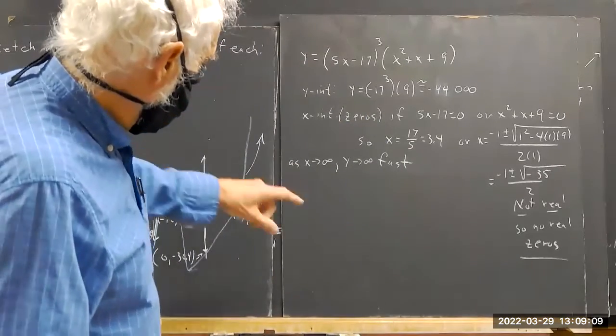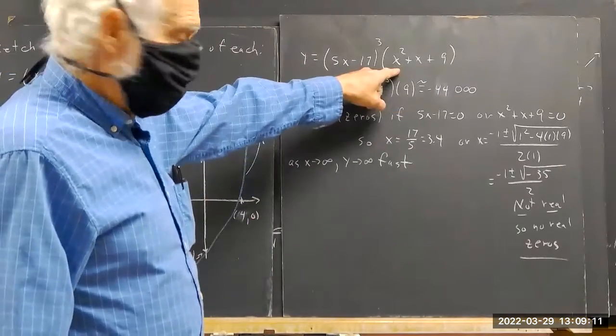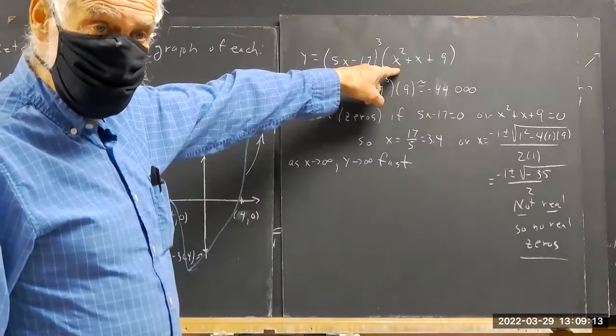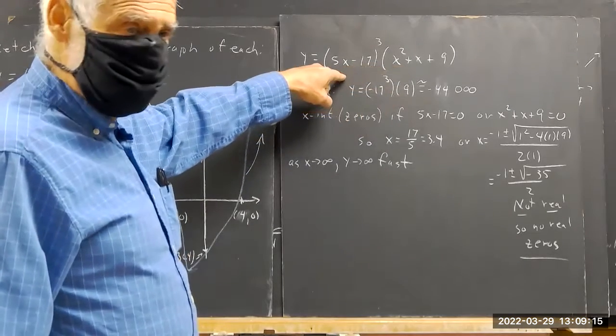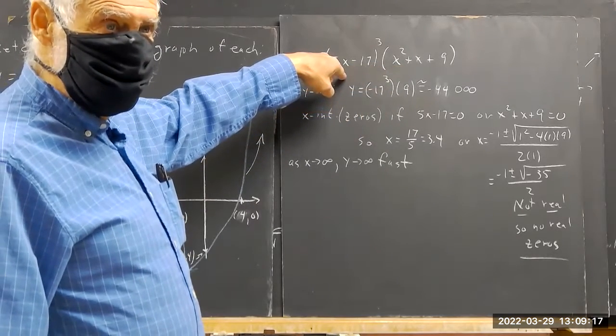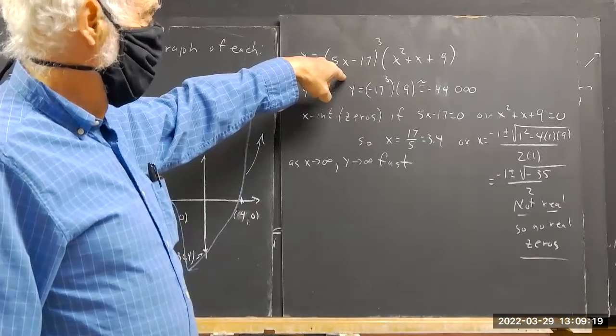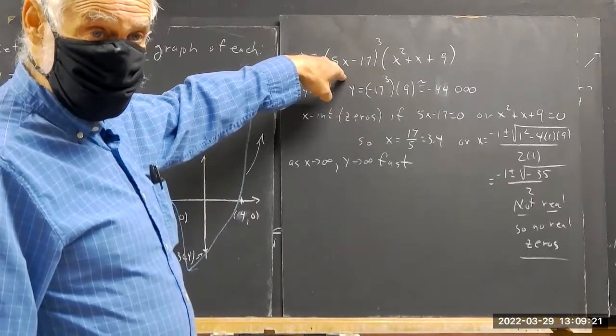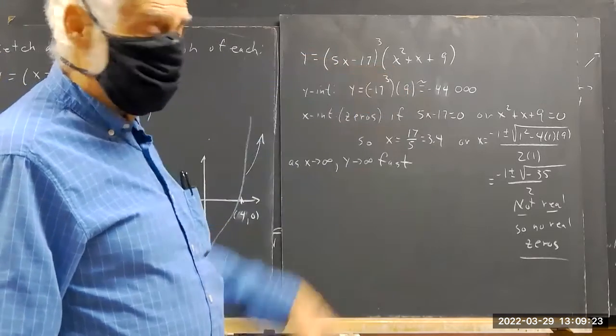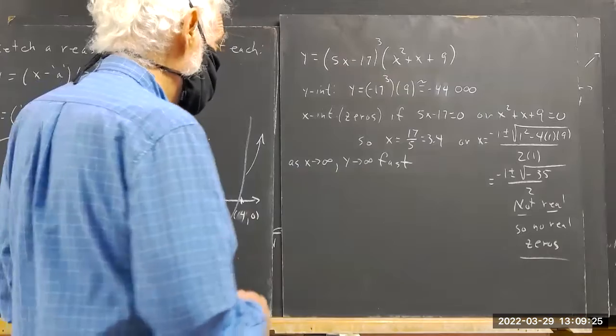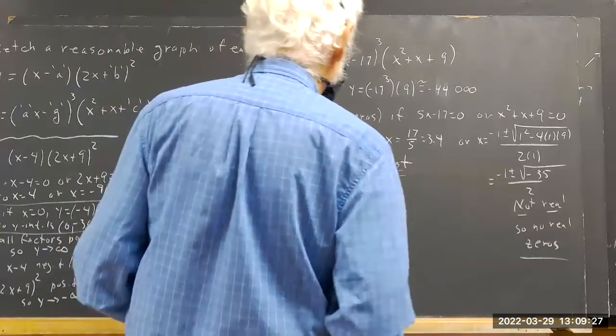I'm not going to write out all the reasoning. If x is really big, x squared is really, really big. And the cube of 5x minus 17 is really, really, really big. Okay. So when you multiply these out, this gets huge. So y is going to be fast.